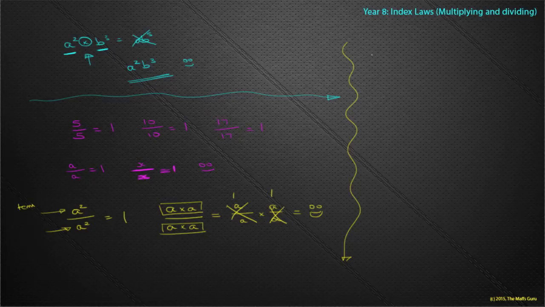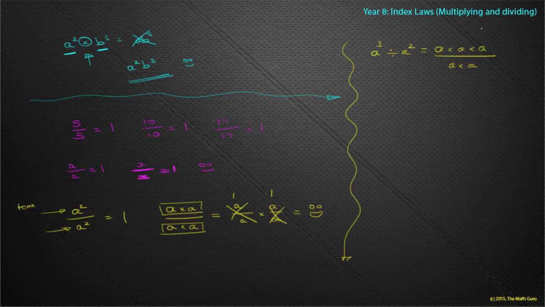Well, what happens if I have a cubed divided by a squared? Well, let's write it out longhand. So we know that a cubed is the same as a times a times a, and we know that a squared is the same as a times a. Oh, that looks complicated, but is it?